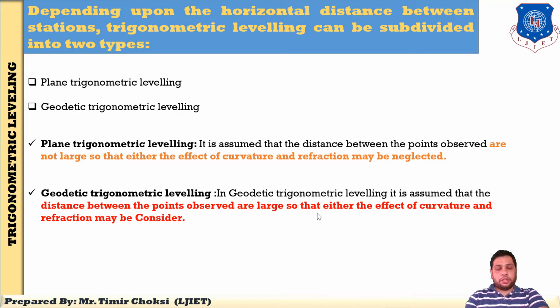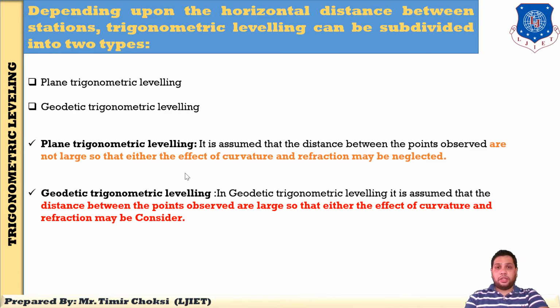When the distance between the station and the object is large, the effects of curvature and refraction develop, because there are obstructions and refraction. So this type of trigonometric leveling is called geodetic trigonometric leveling.